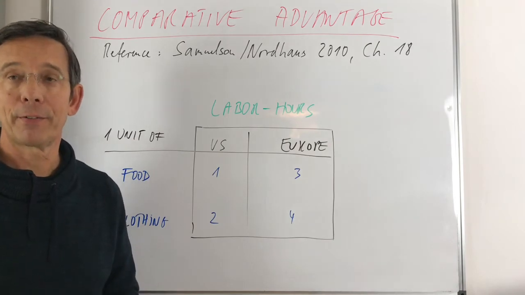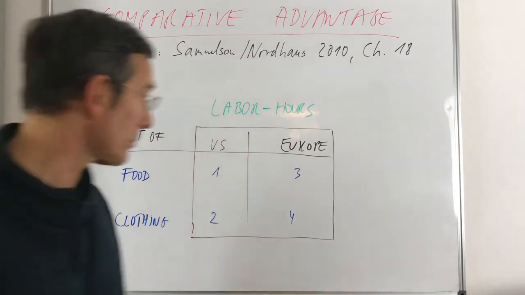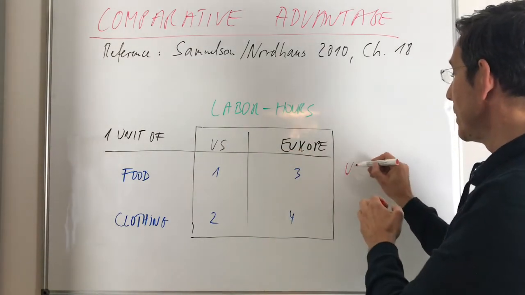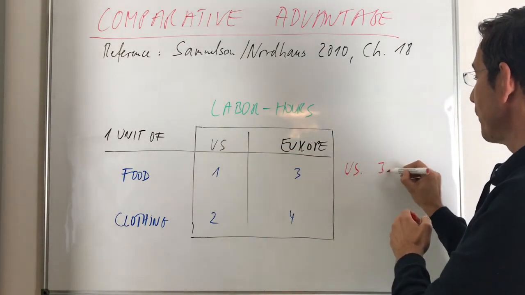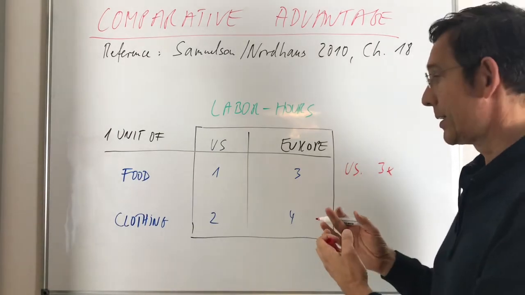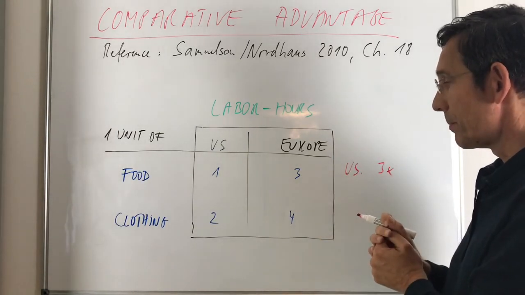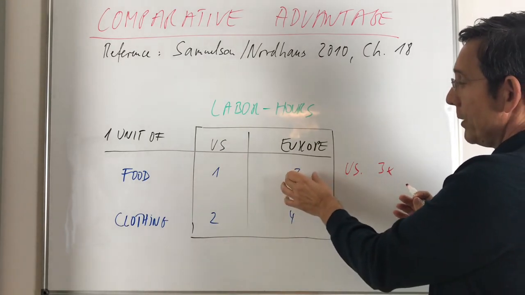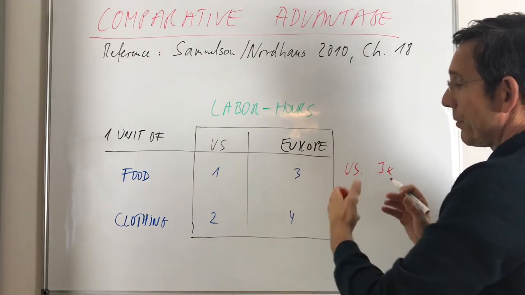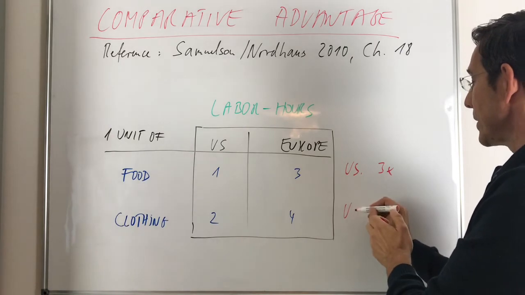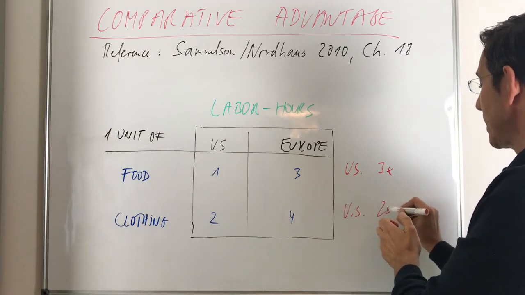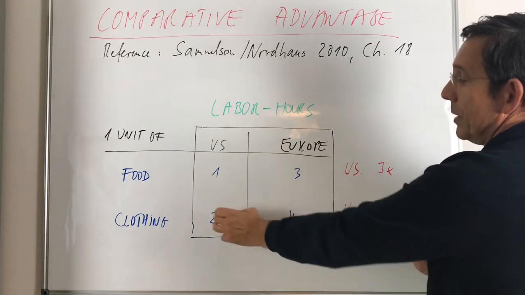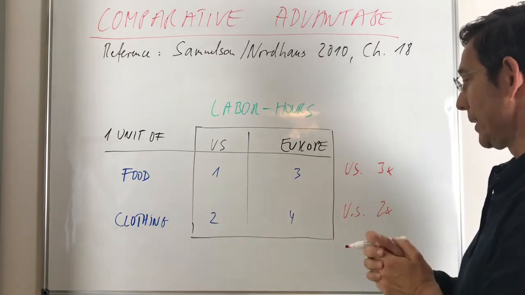to the comparative advantages. And that means here, with respect to food, the US is 3 times as productive as Europe, right? Because they only need 1 hour for 1 unit, whereas Europe needs 3 hours. And here with clothing, the US is twice as productive as Europe, because Europe needs 4 hours and the US only half, right?